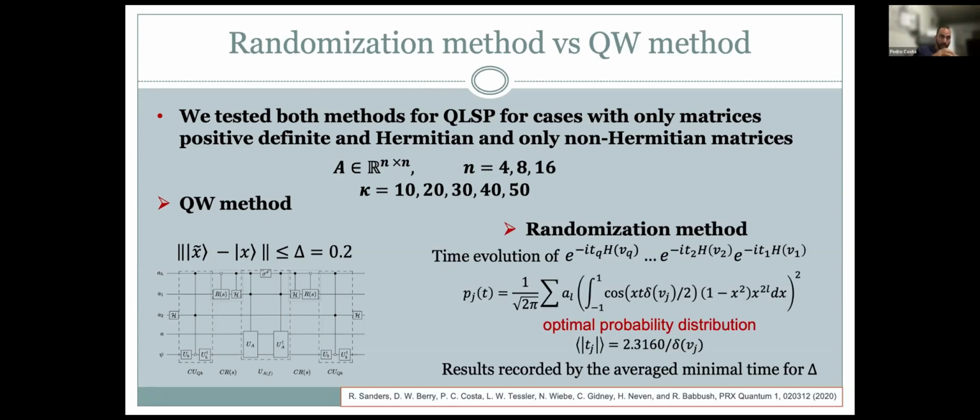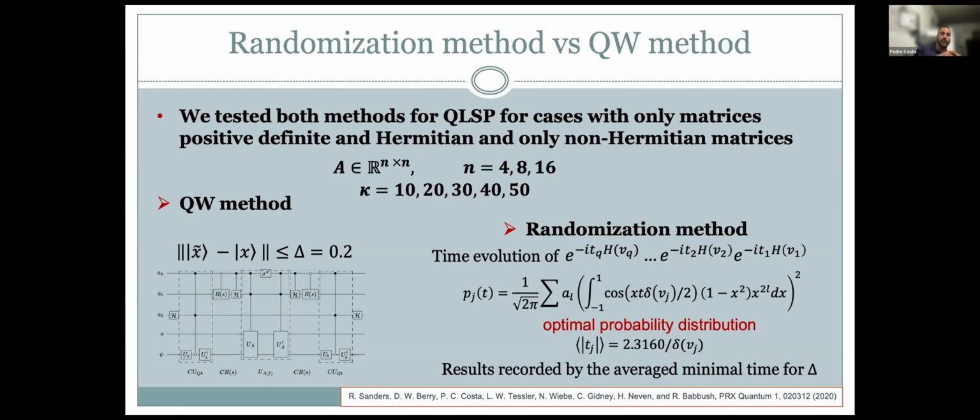And on the other hand, you have the randomization method, but there you use the optimal probability distribution rather than the one that they use. It's a bit better. And remember this small delta here is the gap. As I said, these values T are randomly chosen according to this probability distribution, which comes from previous results, as given here at the bottom, from the optimization paper.